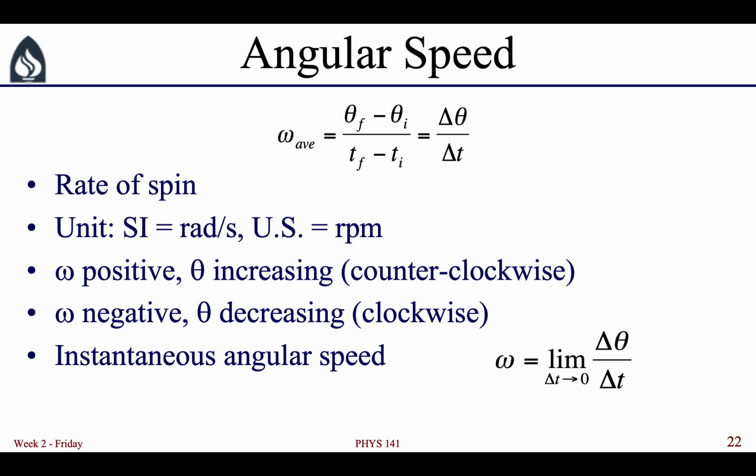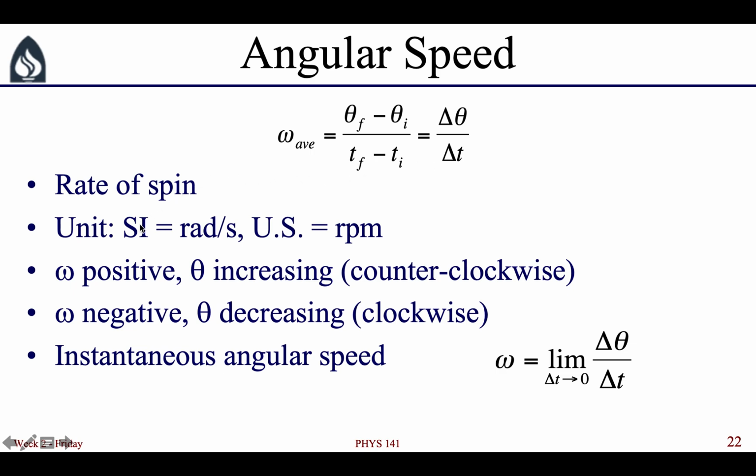Now that we have that concept of angular displacement, we can also define angular speed. Angular speed tells us the rate of spin, how fast an object is going around a circle. The average angular speed is equal to the angular displacement in some time, just like regular speed is equal to a displacement divided by time.